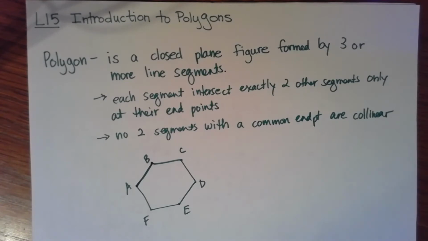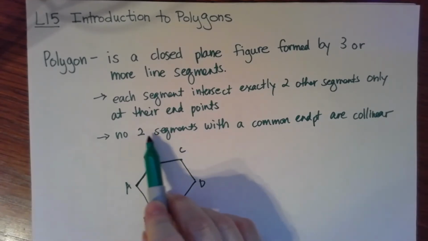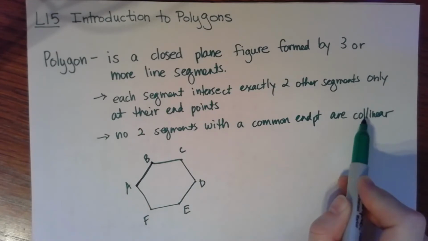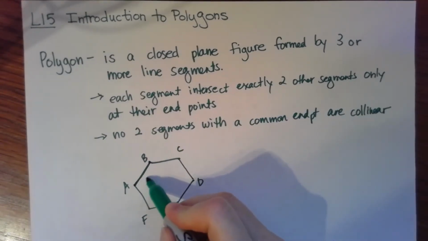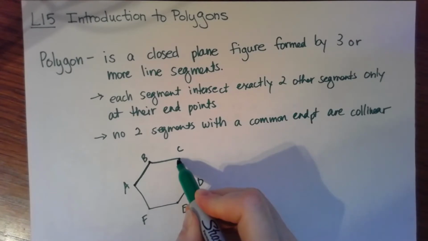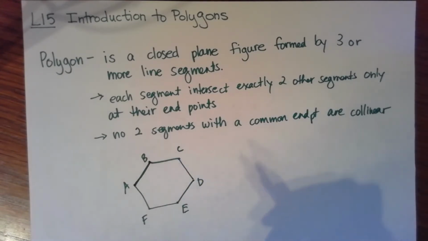And then this part, no 2 segments with a common endpoint are collinear. That just says I'm not going to have a straight line and call that ABC and call that 2 different sides. It would just be one side. So anytime that I have 2 different segments, they can't be all in the same line. They have to be 2 separate sides.